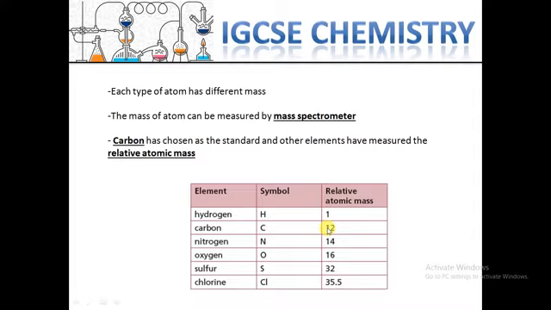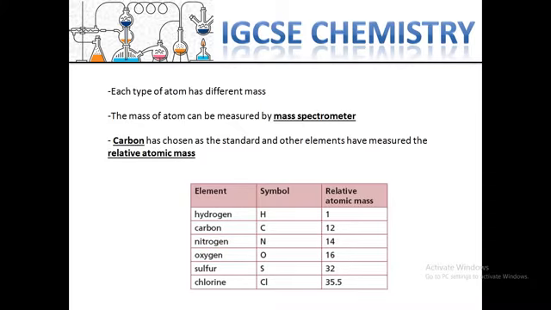In another experiment, they measured nitrogen and hydrogen, and found that nitrogen is 14 times heavier than hydrogen. So they put 14 for the mass of nitrogen.